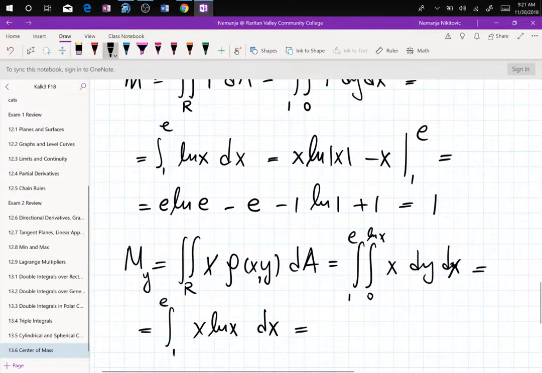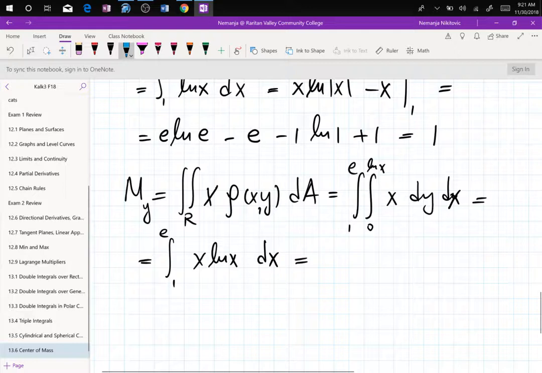We do integration by parts, right? Because now we're integrating x and we have ln x. For integration by parts, u is equal to ln x and dv is equal to x dx. So du is 1 over x dx and v is x squared over 2.